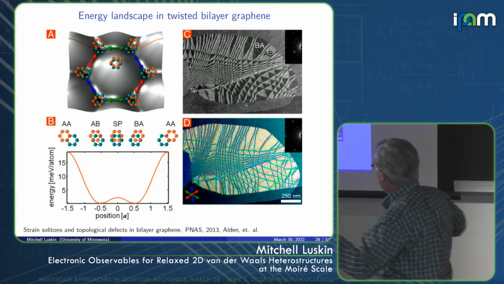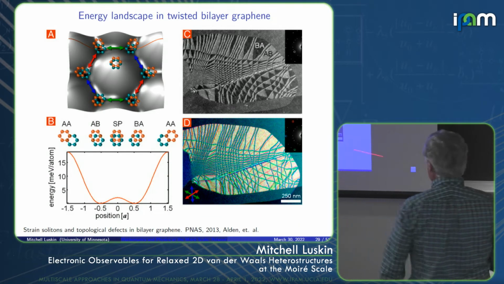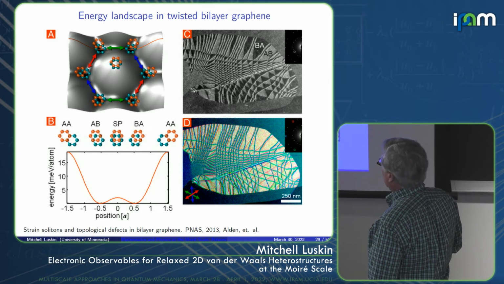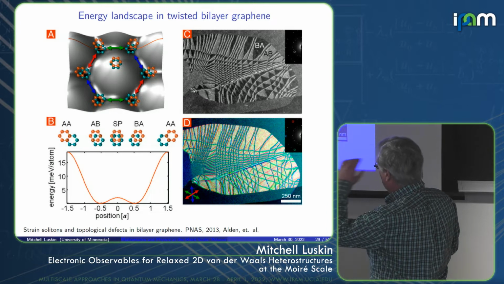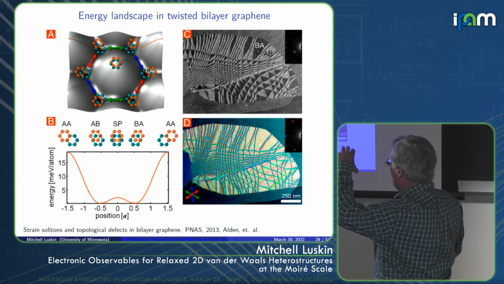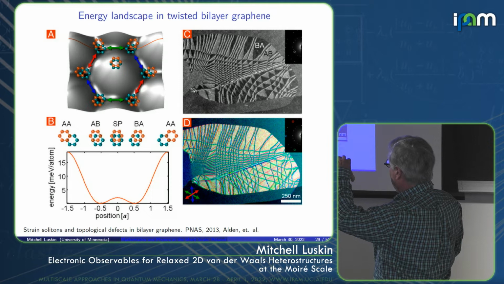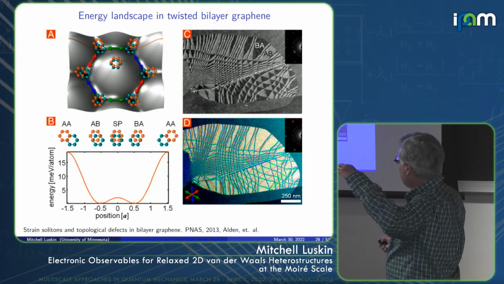Now let's talk about the relaxation. If one layer is sitting right on top of another, each carbon on top of each carbon, that's the worst, the high energy.